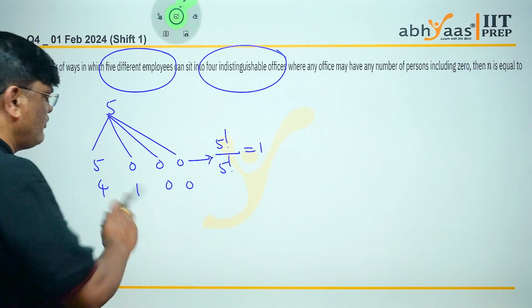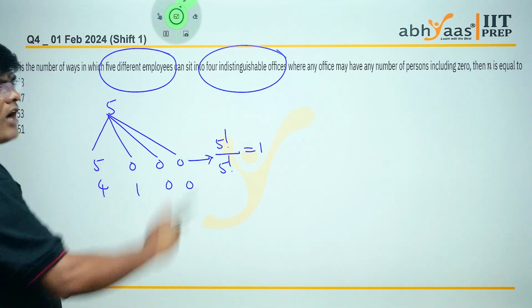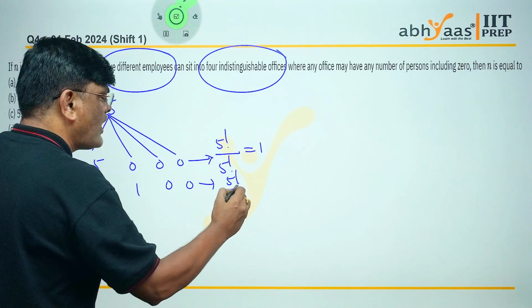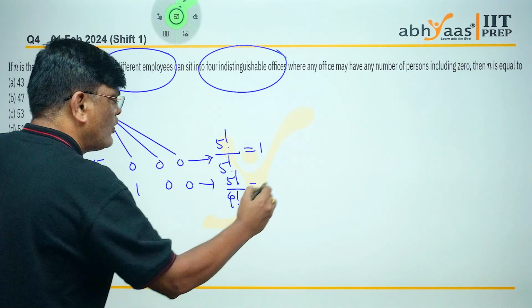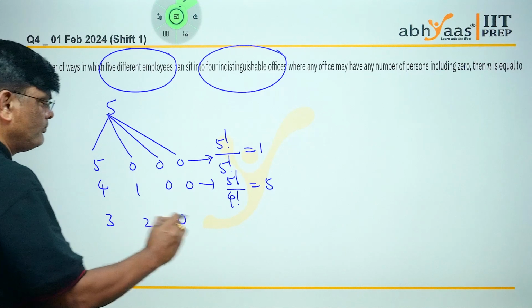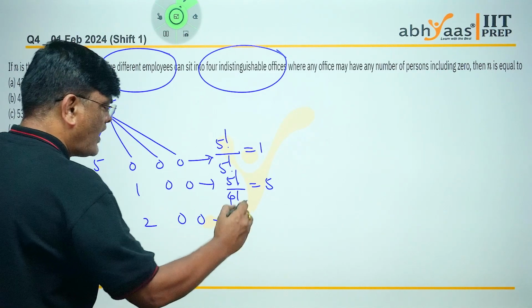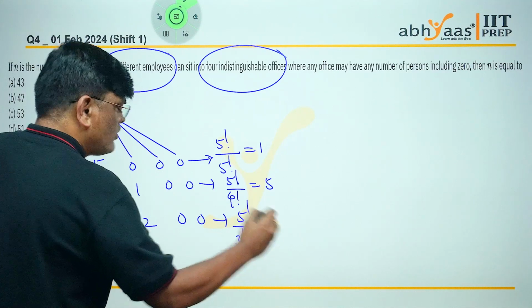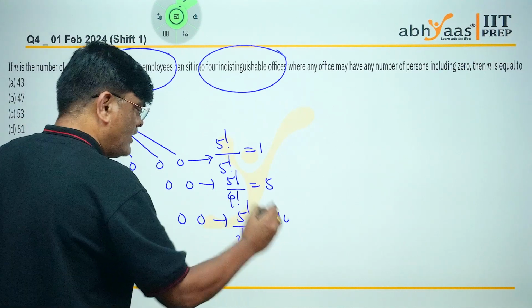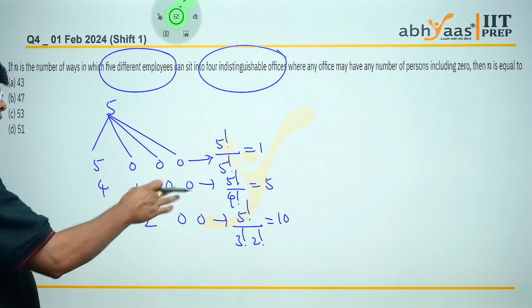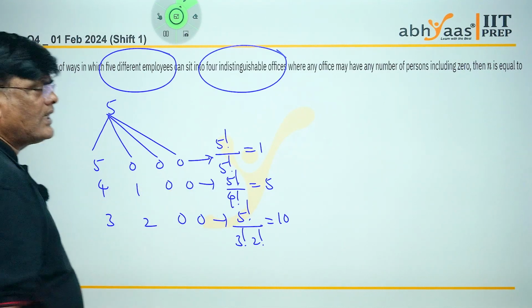Here 5 factorial by 4 factorial, it is 5 only. Next, 3, 2, 0, 0. So here 5 factorial by 3 factorial into 2 factorial, so 120 by 12, it is 10. So these are the cases for keeping 2 offices as 0.